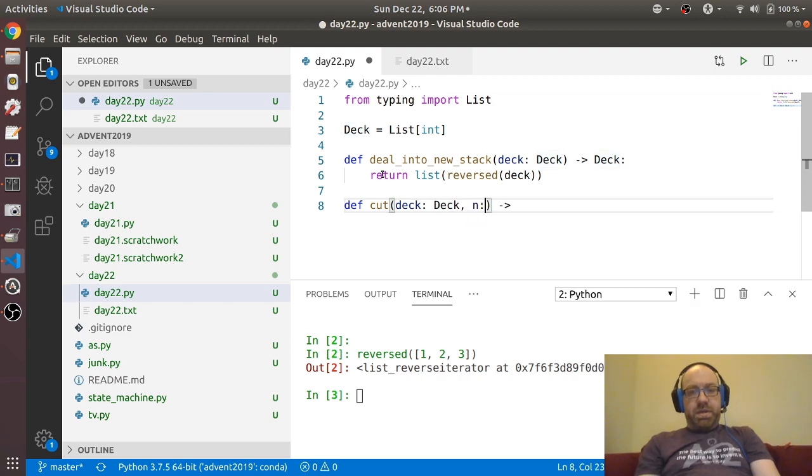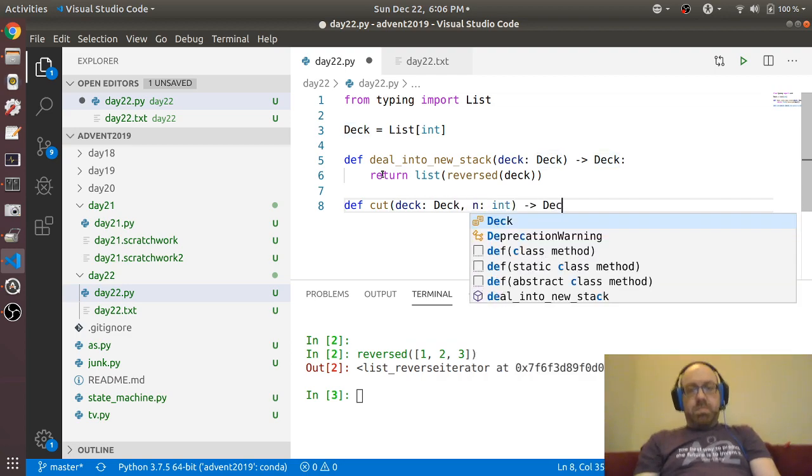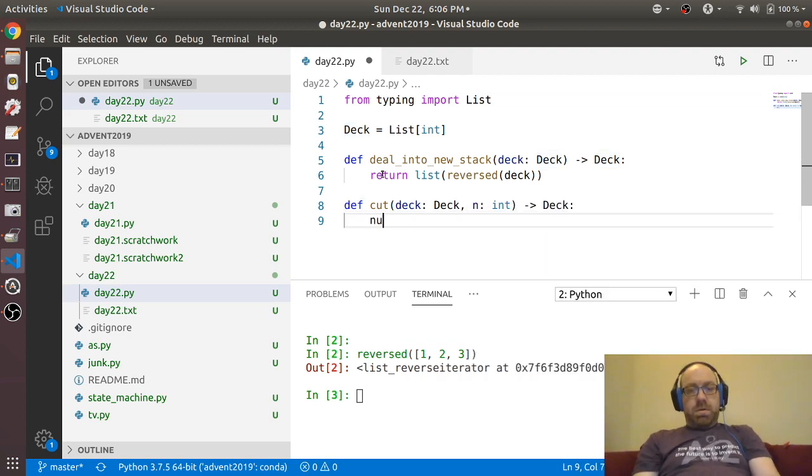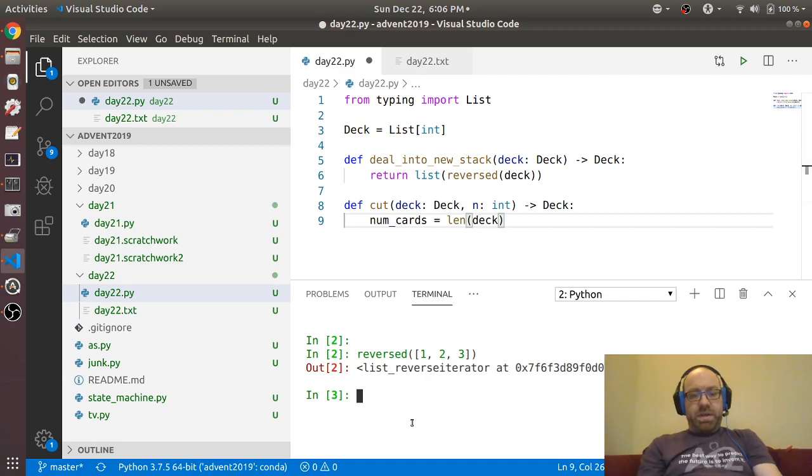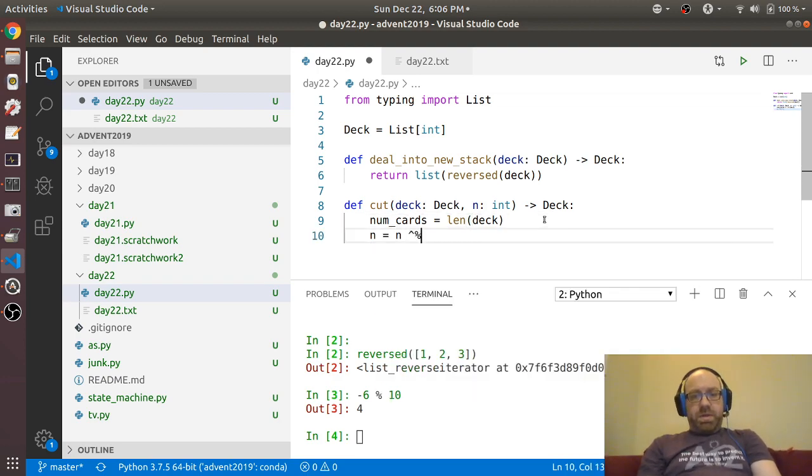Def cut, deck and n int. Let's say num cards equals len deck, and let me just make sure that if n is negative, so let's say I have -6 mod 10, that'll be 4, so that's good. N equals n mod num cards, that will deal with negative.